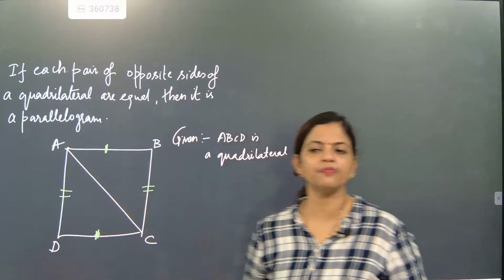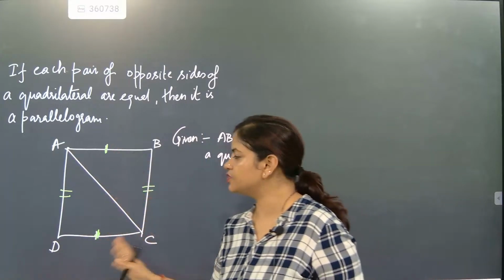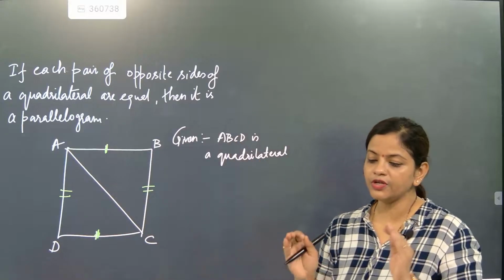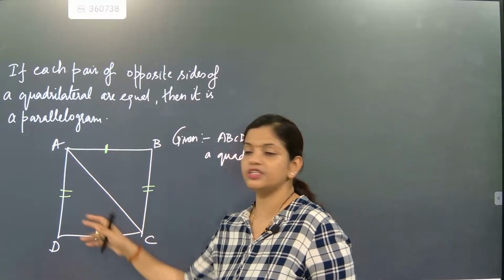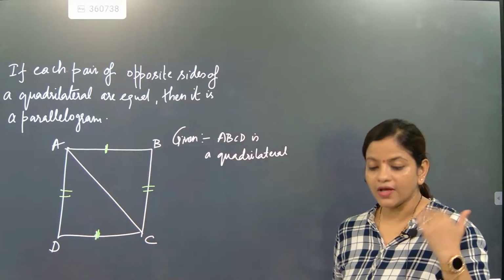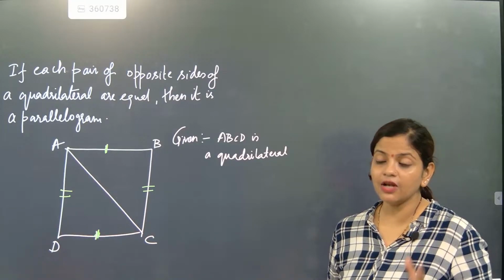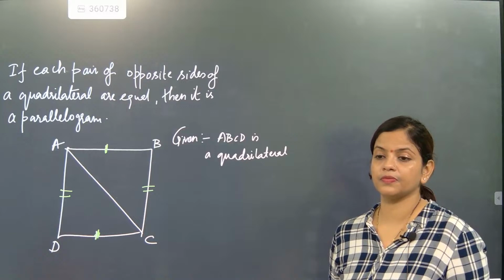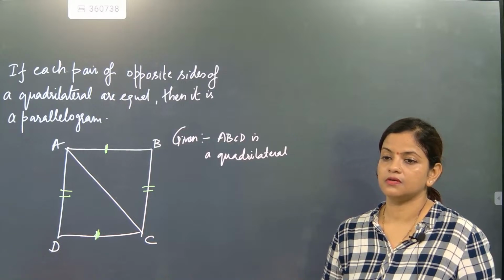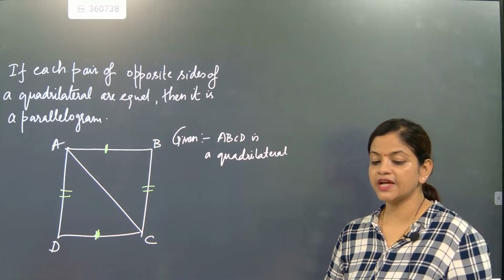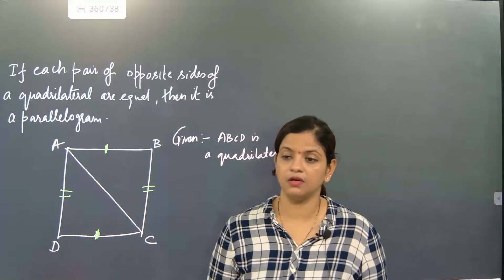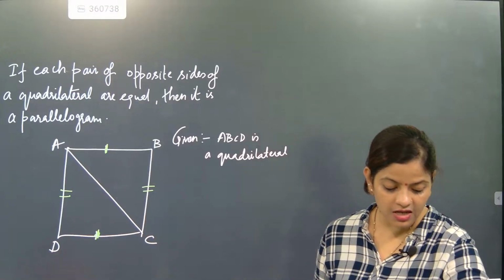You have to prove it is a parallelogram. They have already given that opposite sides are equal. What you need to do here is prove that these two triangles are congruent. Once they are congruent, then what will be there? Parallelogram. What is the property of a parallelogram? Opposite sides are parallel and equal.